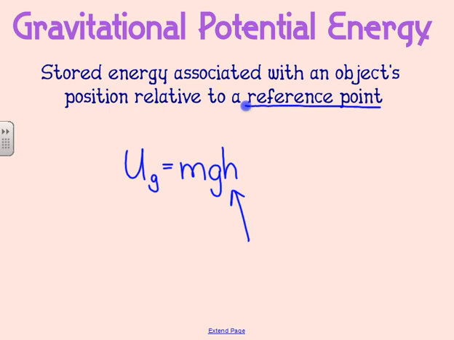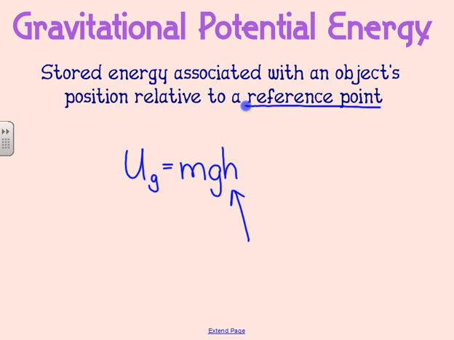Otherwise, mass is always positive, and g is always positive in this equation. So that you know, your textbook uses the equation PE equals mgy. But this equation that I've written here is the more commonly accepted version.